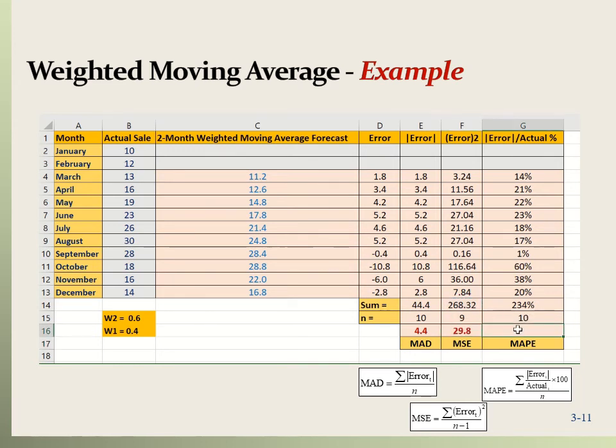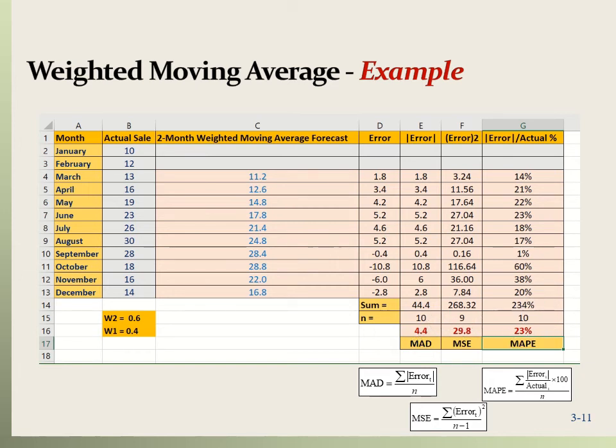And for the MAPE, we're going to divide the summation by 10 percent. So this is our forecast. We made a forecast from March to December. We computed the errors and also the MAD, MSE, and MAPE criteria.